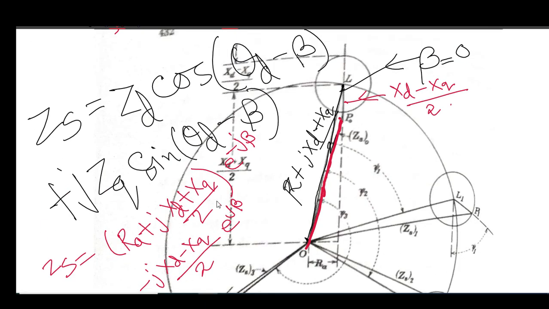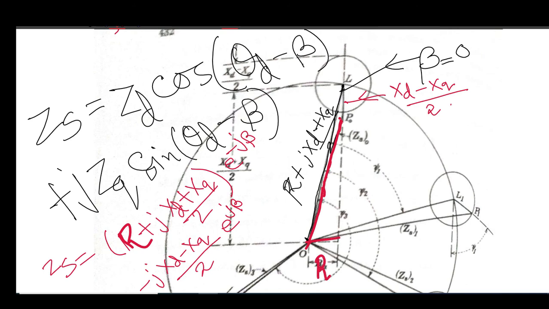The advantage of this form is that when your beta is equal to 0, this OL line will indicate your RA, or R in our term. In the book they have written RA and we have written R, so both are equal. There is no tension with R.